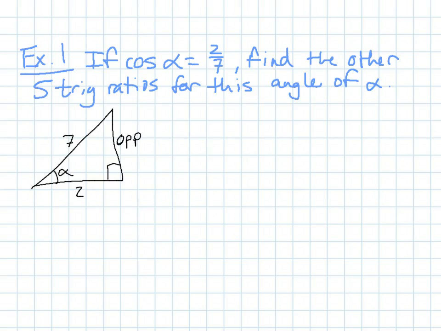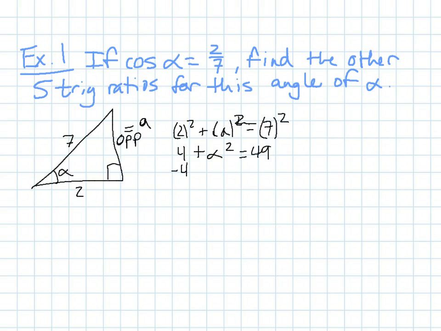So here I would take 2 squared plus, let's call this A to label that side, so A squared, and that is equal to 7 squared. So 2 squared is 4, and plus A squared equals 49.